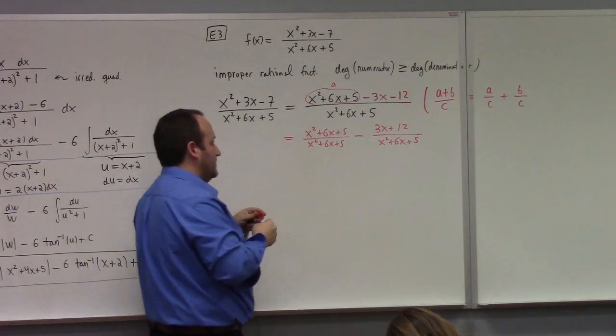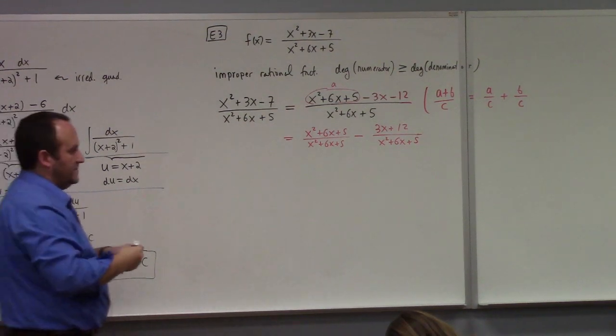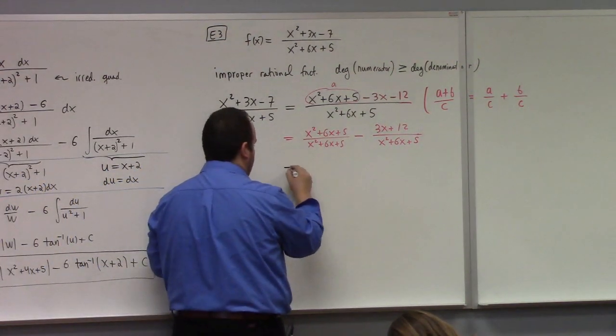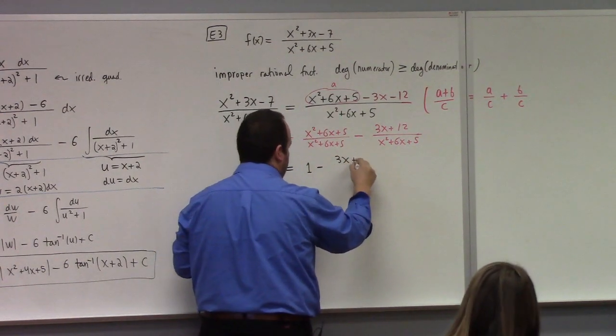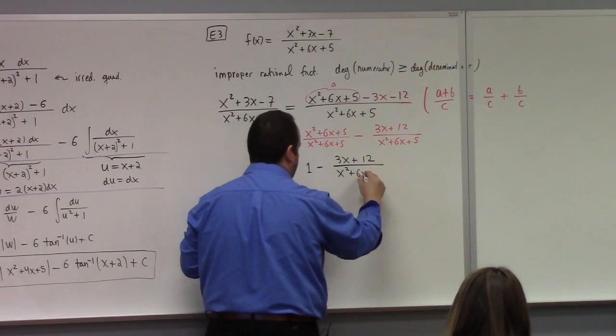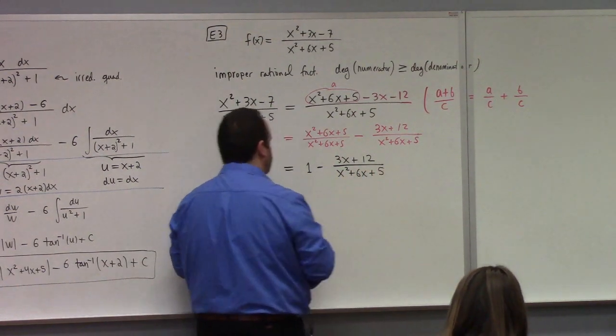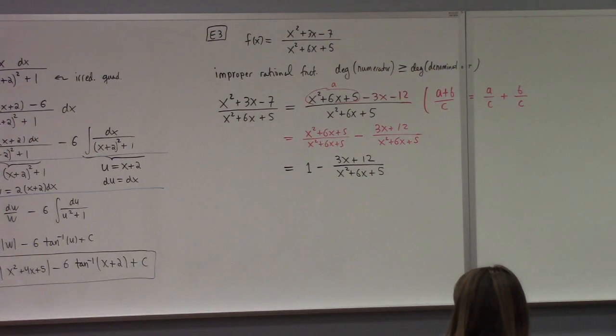I just pulled the minus out. And of course, the first thing is what? It's just 1, right? So here we go. This is 1 minus 3x plus 12 divided by x squared plus 6x plus 5. So this is not yet the partial fraction decomposition, but it's getting closer to it. At least we found the so-called polynomial piece. 1 is a polynomial. It's a kind of stupid polynomial, but it is a constant polynomial.